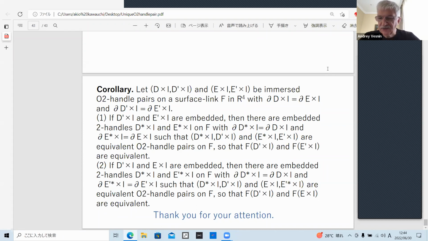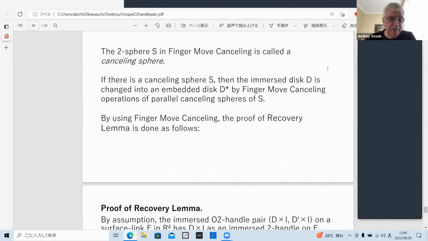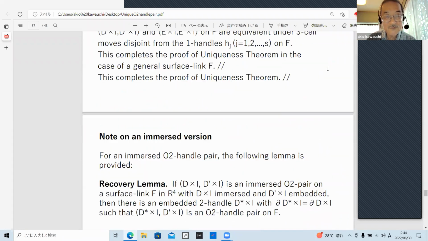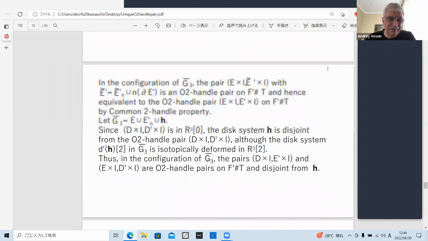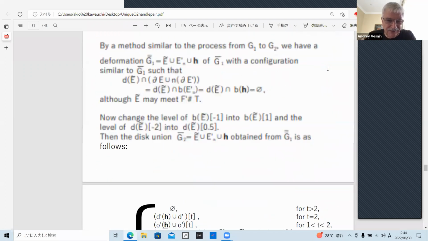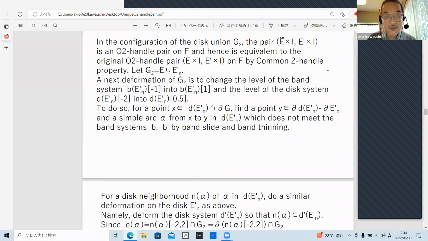Essentially I have two questions. One is maybe a stupid question. You talked about orthogonality. What does it mean in your context? In the title of your talk, you consider orthogonal two-handle pairs. Please explain again what orthogonal means.